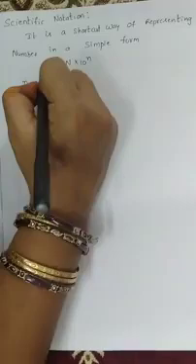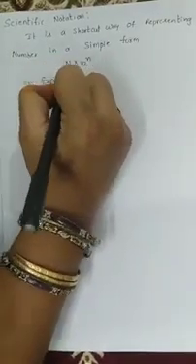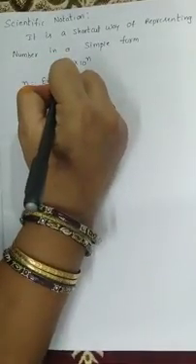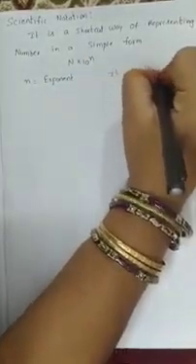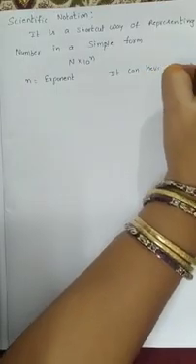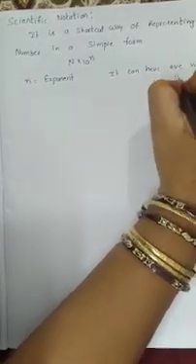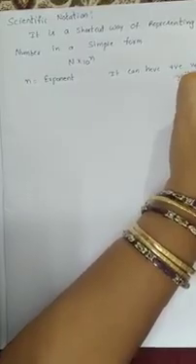Here small n is equal to the exponent. The n value can have a positive value or a negative value.